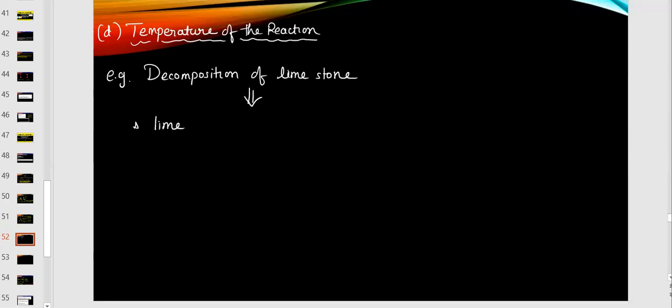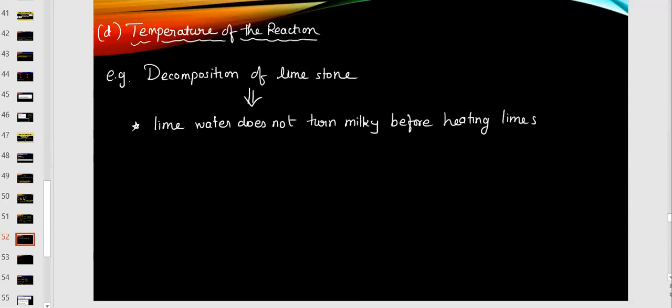We can write that point here. Lime water does not turn milky before heating limestone. After heating only, it will turn milky.